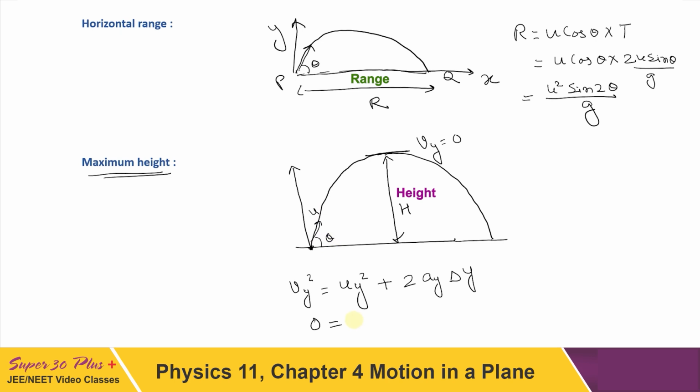So Uy can be written as u square sin square theta minus 2g, and delta y is h for the maximum height. From here we can write h as u square sin square theta upon 2g. Directly we can use this formula whenever required, but it should be for a standard projectile motion.